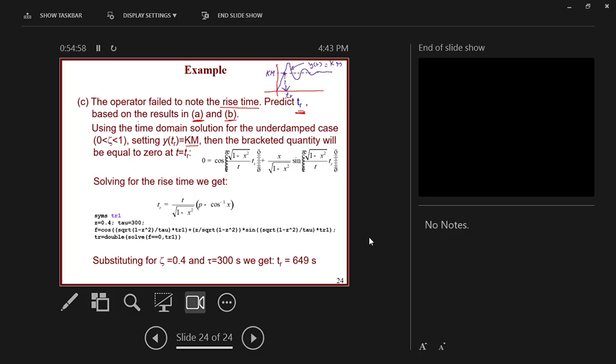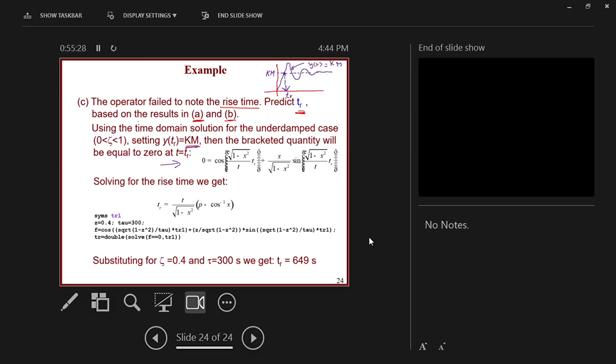So this is exactly what we are doing here: substituting Km for y and using the previous equation. This will be using the solution that was represented previously for the underdamped case. There was a Km here and a Km here, so they will drop, and then we will have 0 for the y.